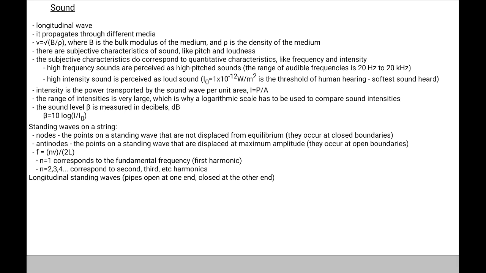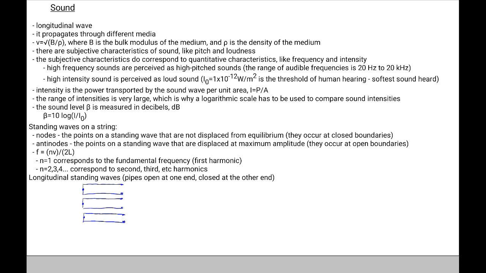Now, if we're looking at longitudinal standing waves, so for instance, a pipe that's open at one end and closed at the other, we would have something like this. So I have a pipe of length L, and I'm going to draw a few of these. Here's a second and a third. So we know that at a closed end we have to have a node, and at an open end we have to have an antinode. So that is the case for all of these, and let's see how we can make this happen.